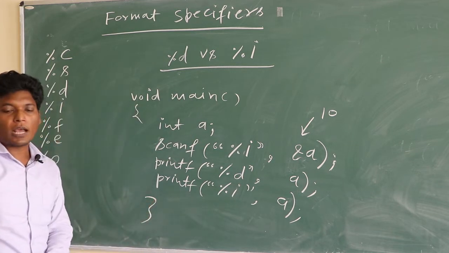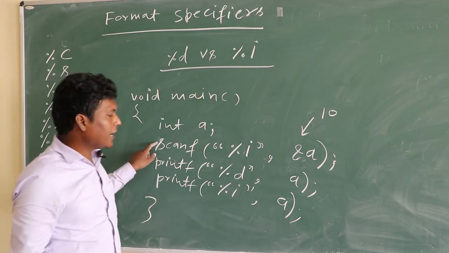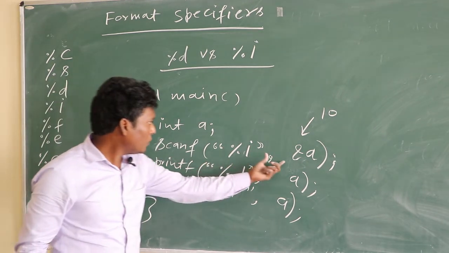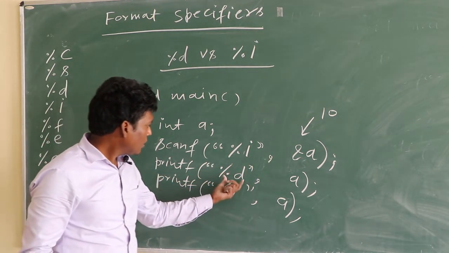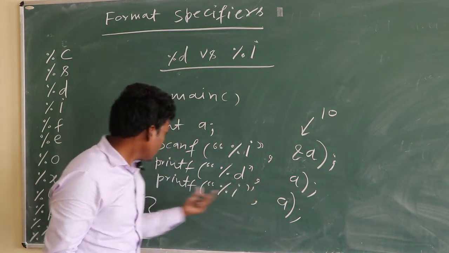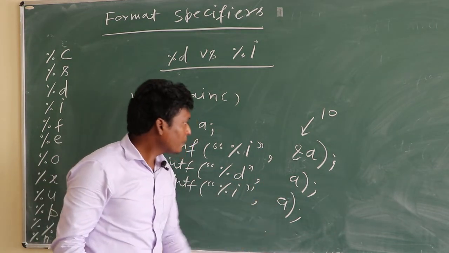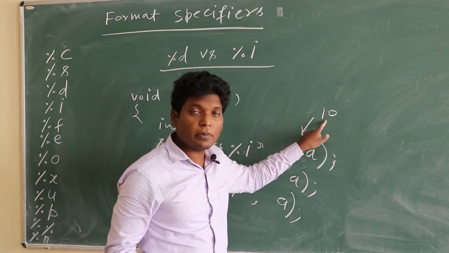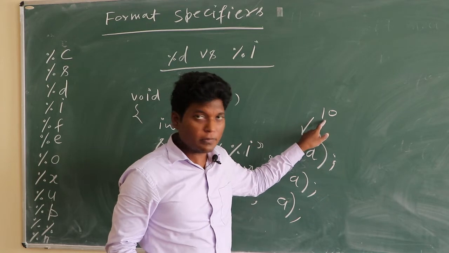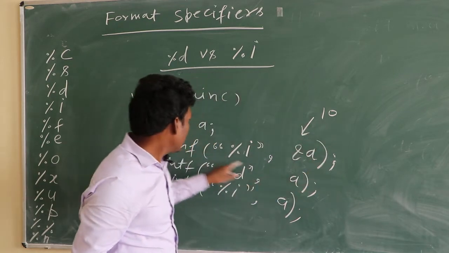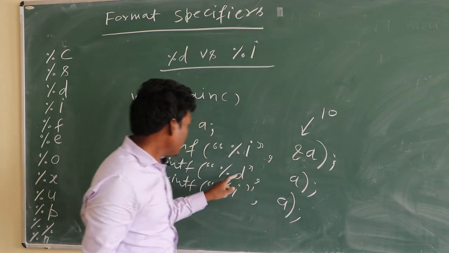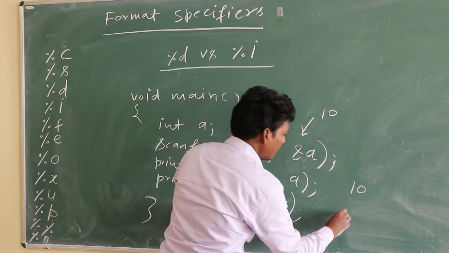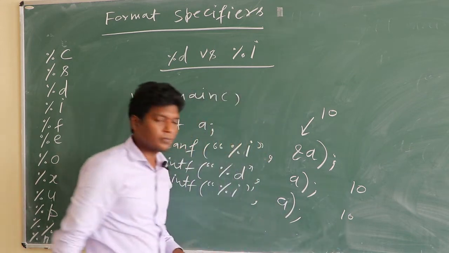Class, this is a program in which there is a scanf function in which we take the input, and printf %d a, printf %i a. Suppose you are entering the number 10. So 10 is an integer number in the decimal number system. So 10 is inputted in a, %d a gives the output 10, and %i a is also 10.